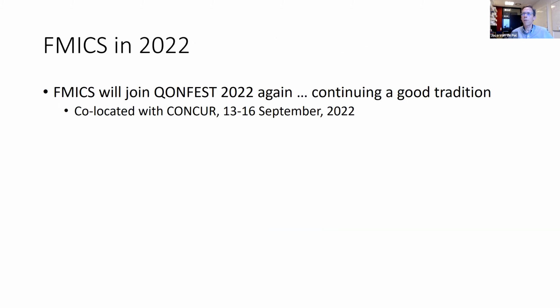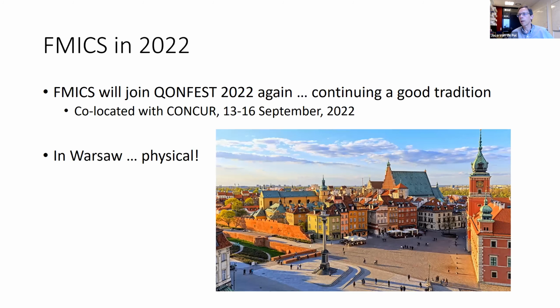So FMICS 2022 will be co-located with CONCUR, which happens 13 to 16 September. So FMICS will be around the same time. We have not yet decided the exact dates. And where will this happen? You probably know, but this will happen in Warsaw. And the idea and proposal is to have a physical conference again. So let's hope that it's possible. So thanks for giving me the stage for these seconds.